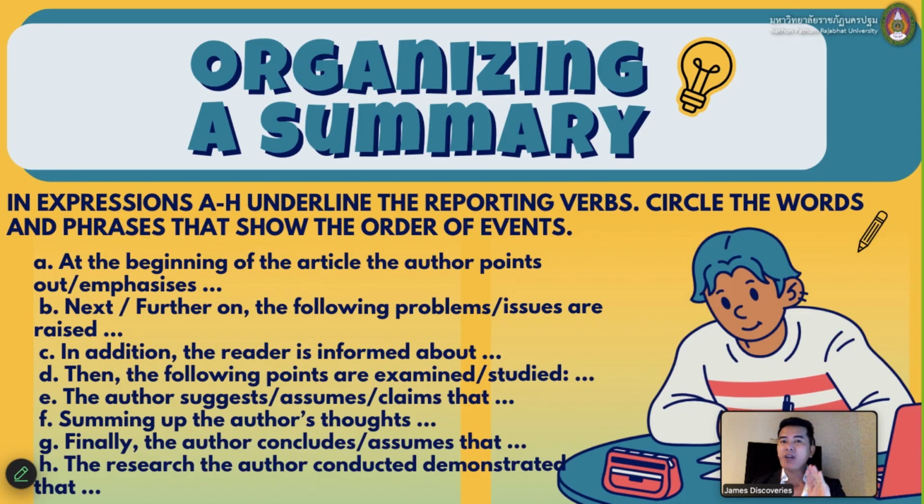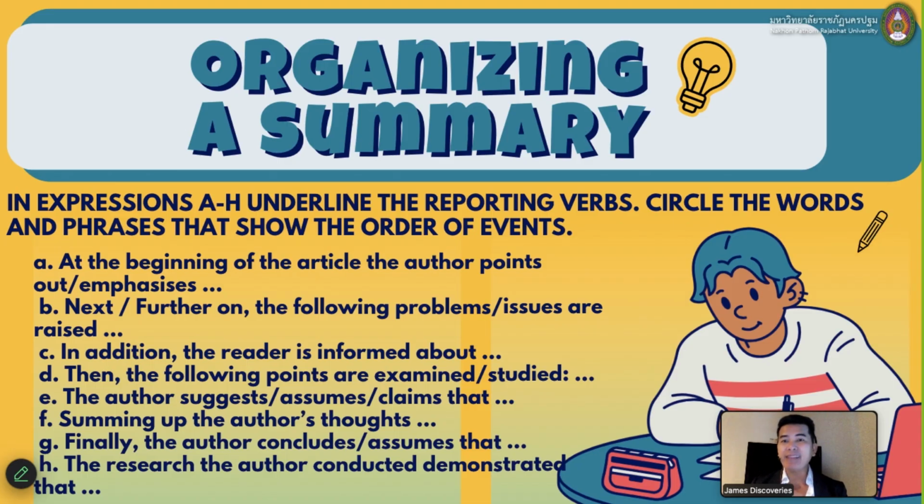At the beginning of the article, the author points out or emphasizes. I want you to give me the phrases that show the order of events and the reporting verbs. Reporting verbs are very useful in doing the summary and also the order of events, because as you can see, A to H is already very useful to make a summary.